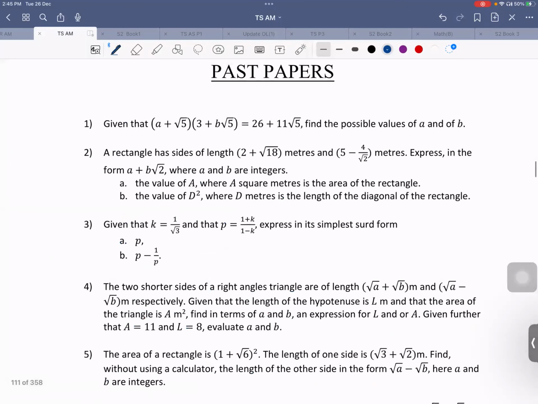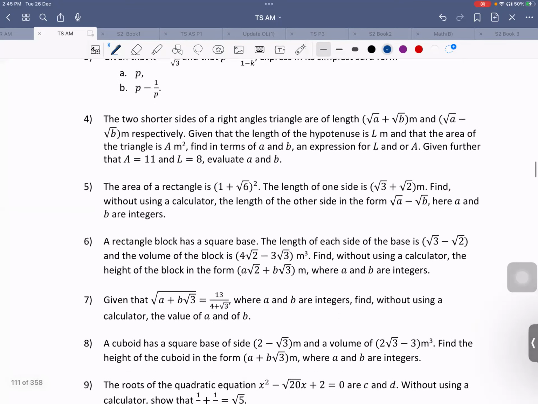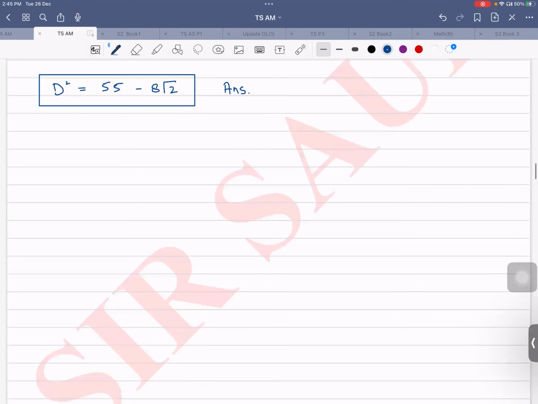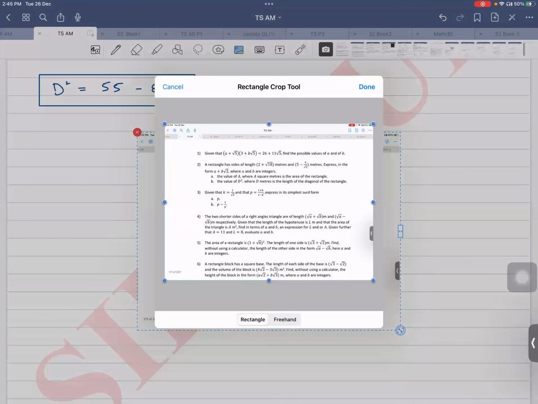Question 3 we have already done. Let's come to question number 4. Let's draw the diagram.